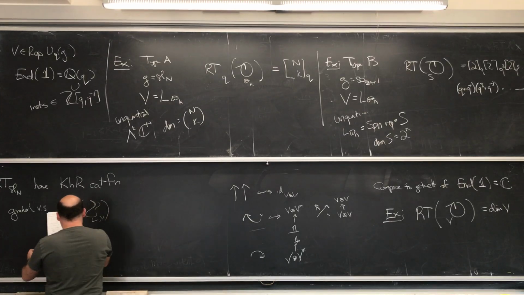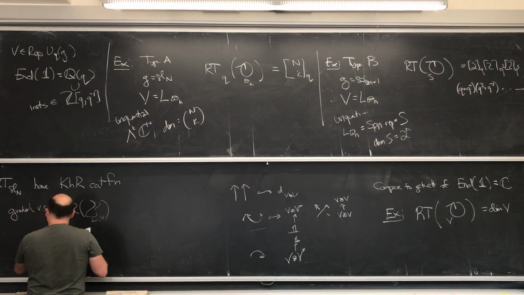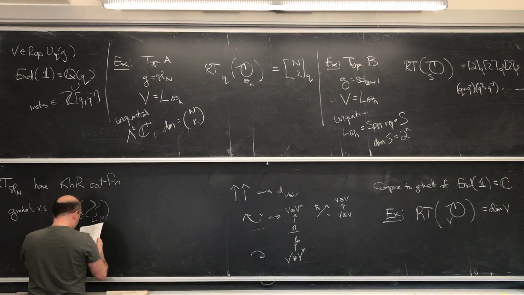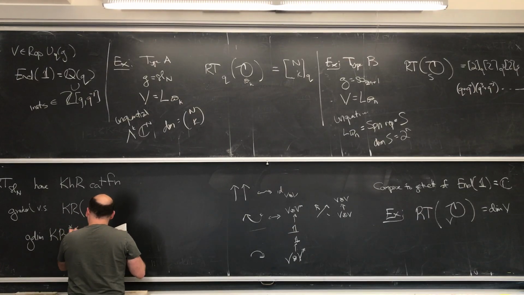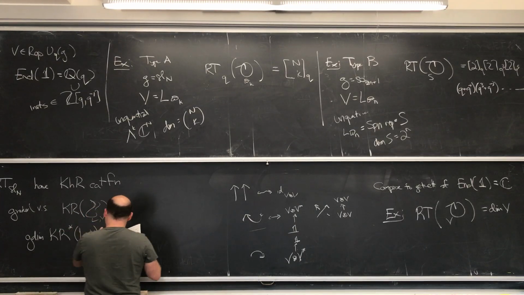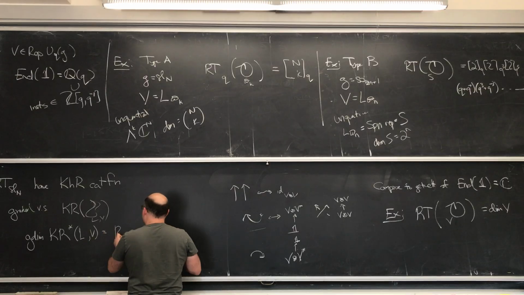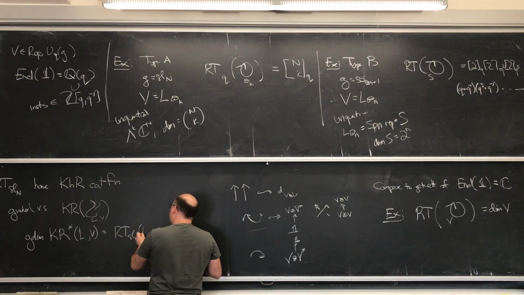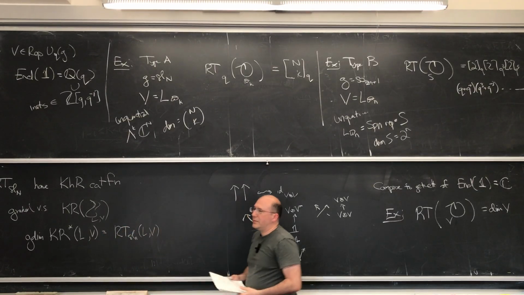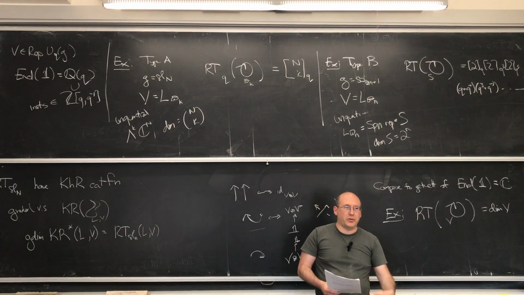It satisfies the property that if you take the graded dimension of the Khovanov-Rozansky homology of your link, then you get the Grothendieck invariant, where Q represents a graded shift.